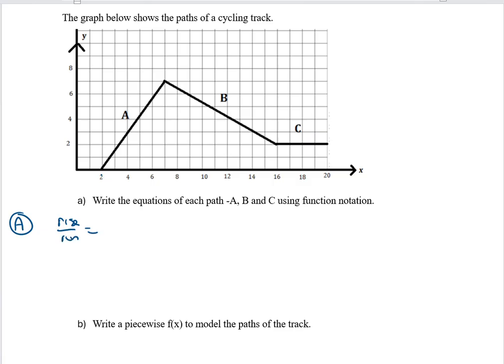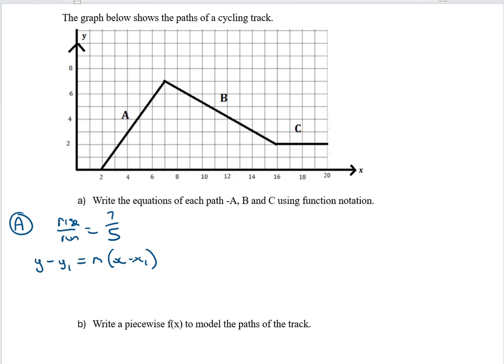For this one, I can see straight away my rise is going to be up 7, and my run is across 5. So that's the first part. The second part, I'm going to use my formula of y take away y1 is equal to m x take away x1.